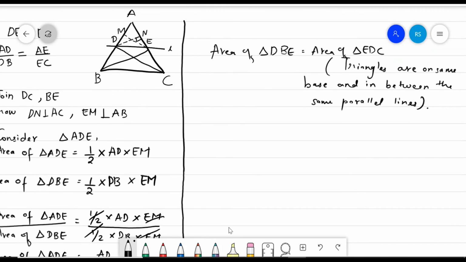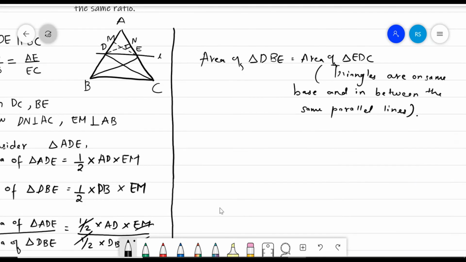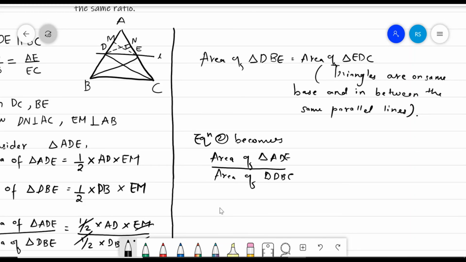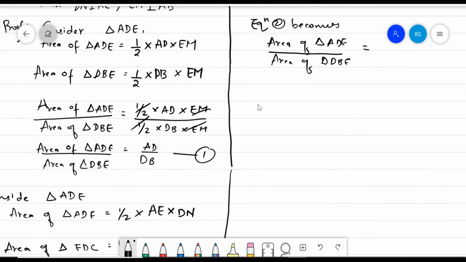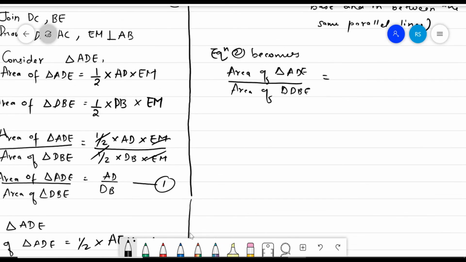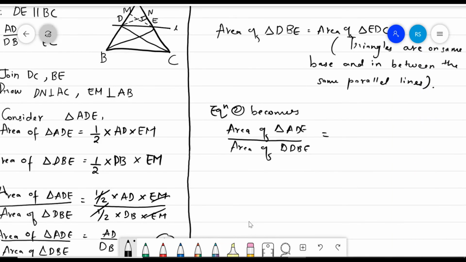So equation 2 becomes area of triangle ADE upon area of triangle DBE is equal to AE upon EC. We'll consider this as equation 3.